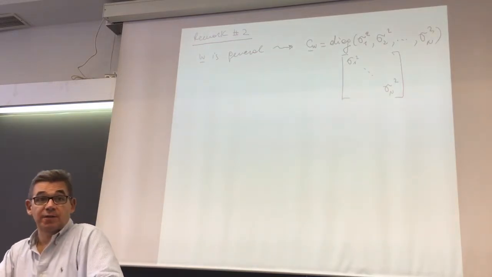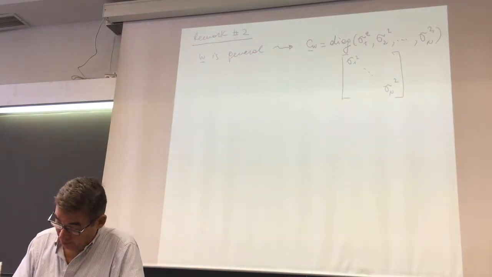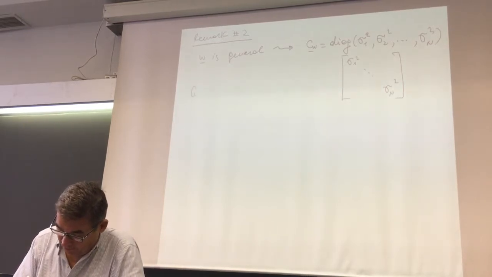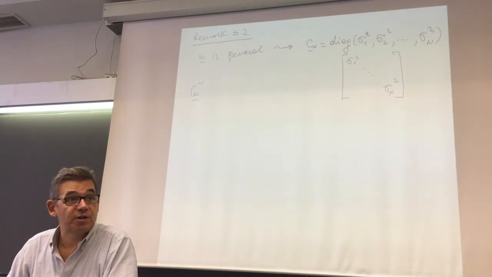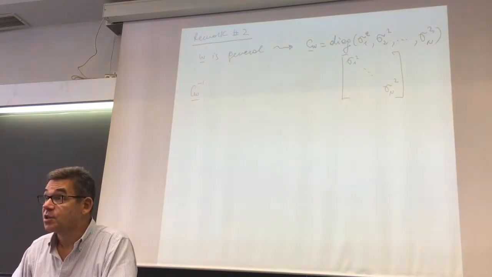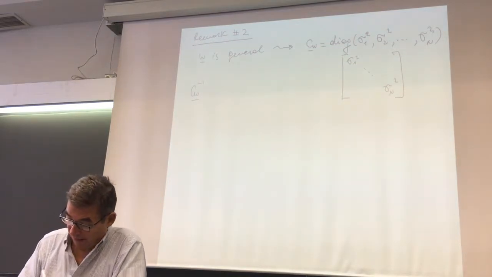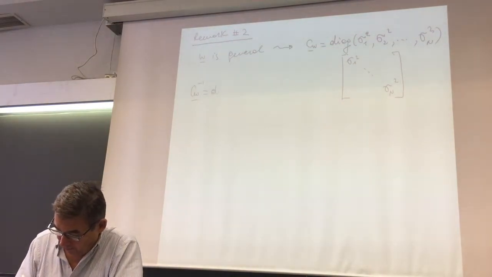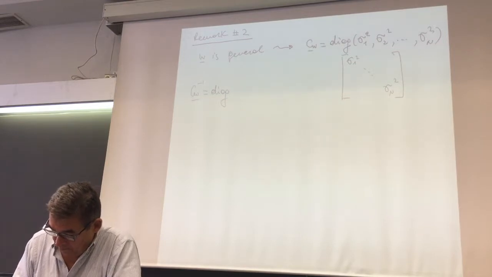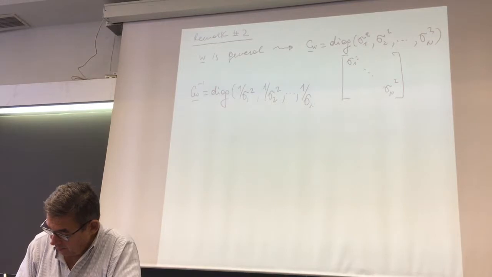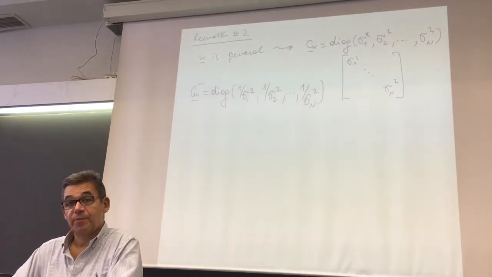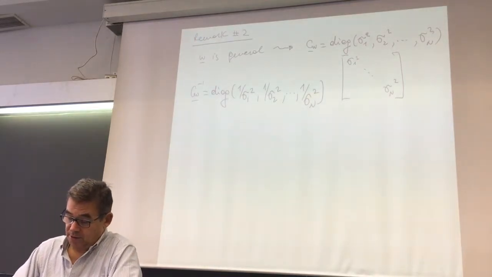So what does the inverse mean? The inverse of this one, CW to the minus 1, is one of the cases where the inverse is very trivial to get, because it's just the inverse of the entries of the diagonal matrix: diagonal of 1 over sigma 1 squared, 1 over sigma 2 squared, 1 over sigma n squared.